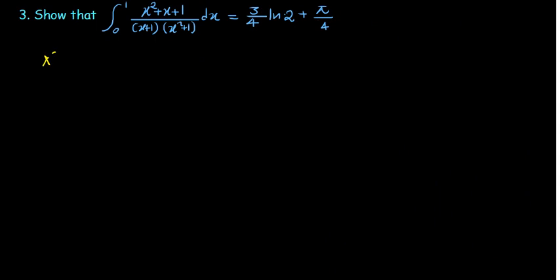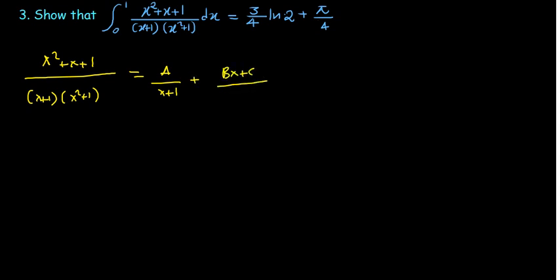So we have x squared plus x plus 1 divided by (x plus 1)(x squared plus 1), and that should be equal to, this is a linear factor, so it will just be A over x plus 1, but this is a quadratic factor, therefore this is going to be in the form bx plus c on top and then over x squared plus 1.